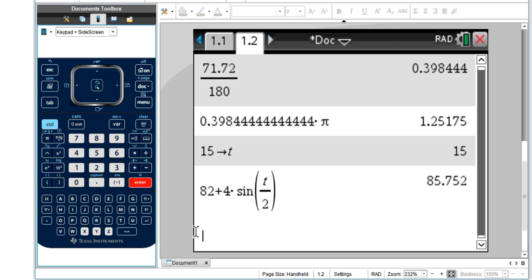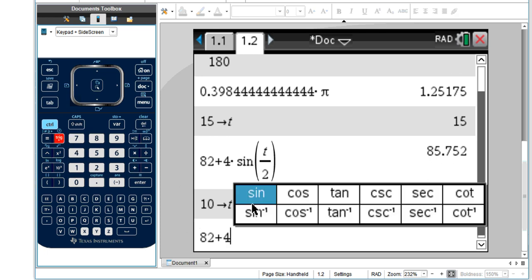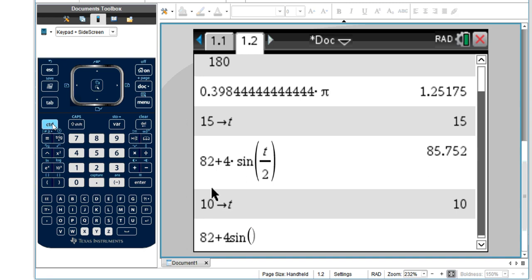So that's going to be 85.752. Okay, and next we're going to store in 10, control var t. Same thing, 82 plus 4 sine of t over 2.